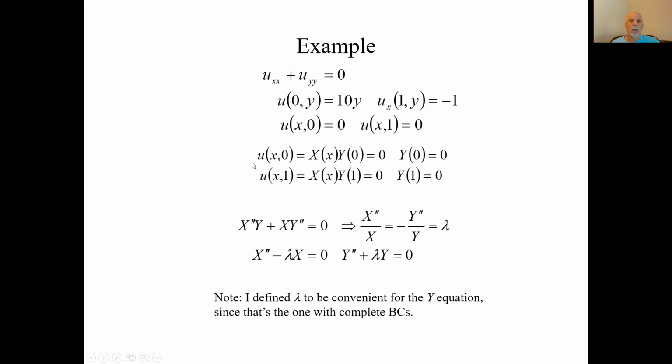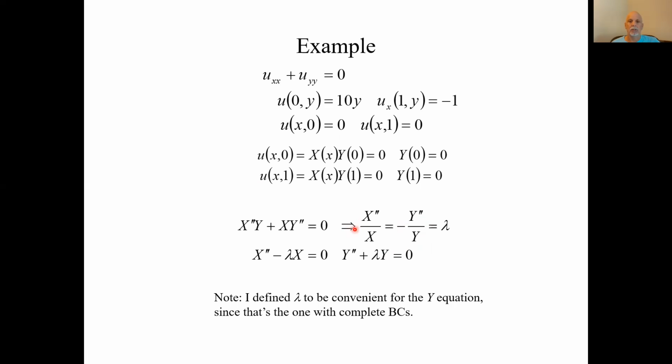So we not only need to separate the variables of the equation, which we already did, we need to separate variables from the boundary condition. So when y equals 0, the whole thing equals 0. That means Y at little y equals 0 is 0, and the other one says Y at little y equals 1 is 0. So let's look at how we separated them. Here's how they separate.